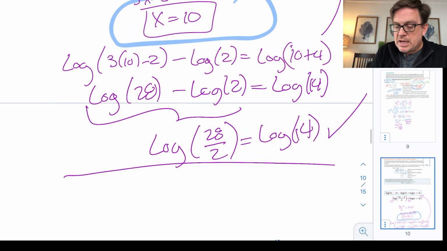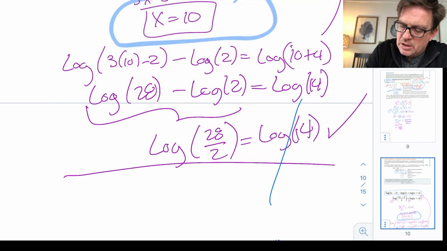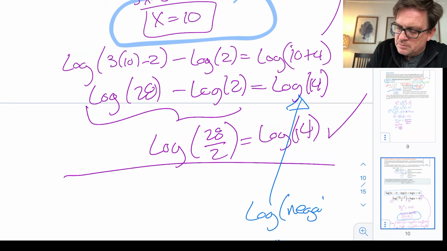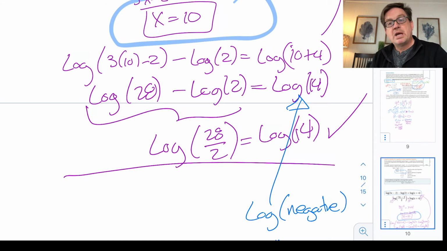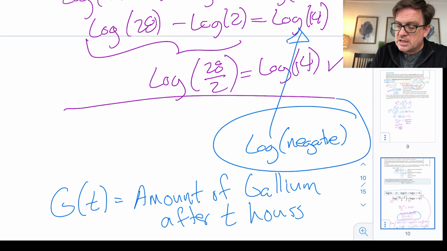When we plugged that back in, if we had gotten in here, say, log of a negative number, the domain of logarithms is only positive numbers. We've talked about that since the range of exponentials is only positive. So in this case, that would not be an actual solution. It wouldn't be in the domain of the original equation. And so that's just one little trick that you have to look for in these logarithm forms.